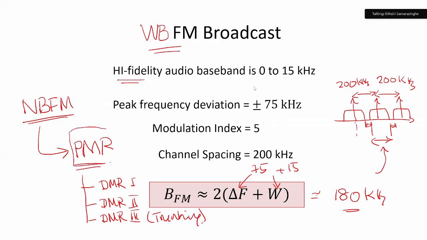This is professional mobile radio, therefore, for professional operations such as firefighters, military, police, ambulance services, they all need intercommunication. So they carry communication sets. Such communication systems are called professional mobile radio, sometimes known as PAMR also.